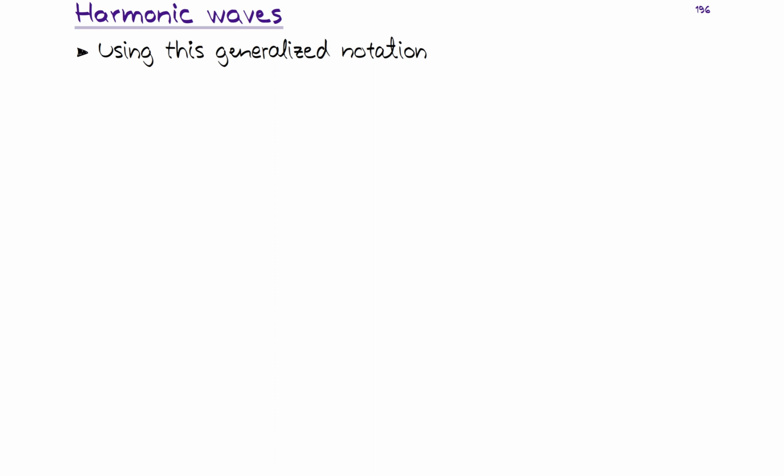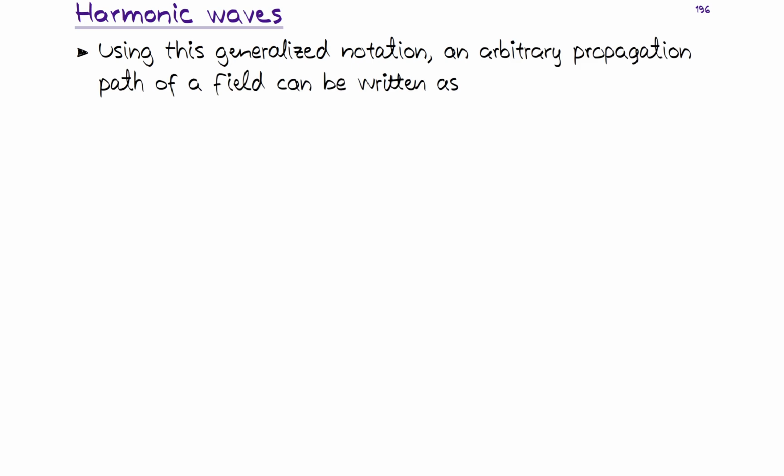This is the so-called generalized notation, and it allows us to describe quite arbitrary propagation paths of a field. We can still write the propagation mathematically: we have the field at a given position of interest Z, where Z should now be understood as a generalized coordinate.